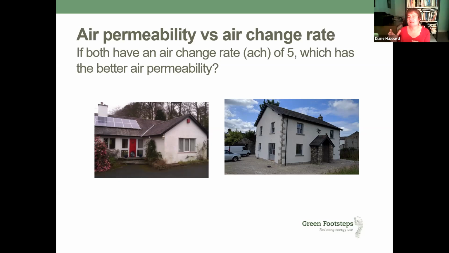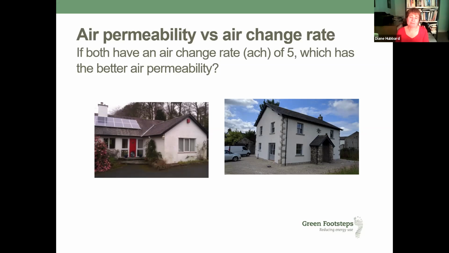So you'd probably find if that one's got an air change rate of 5, its air permeability would be about 5 as well. Now compare that to the bungalow on the left-hand side. It's got an air change rate of the same amount. But the thing is, because it's an L-shaped bungalow, it's got loads of surface area.